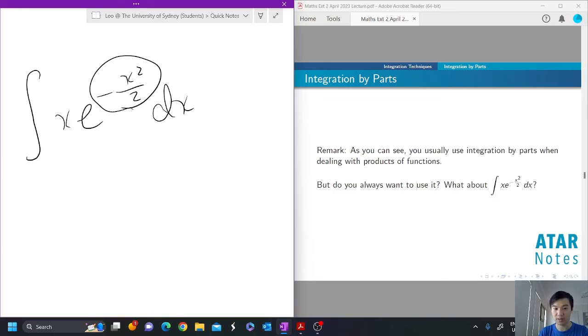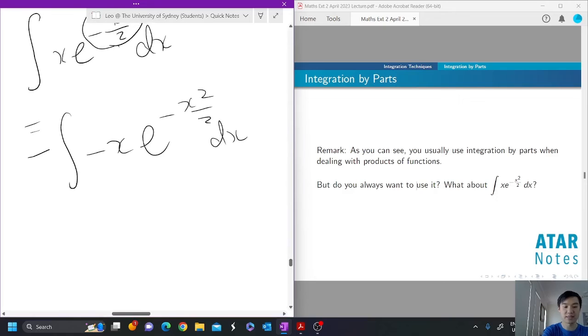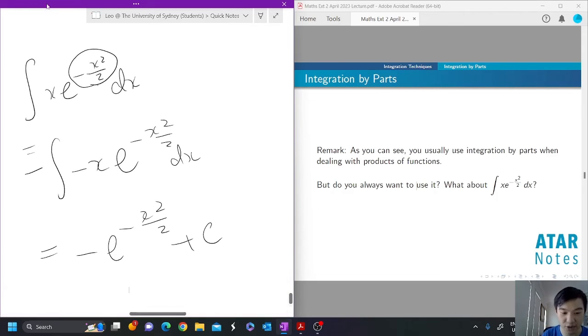So what you could have done is just put a negative sign here, and then you get negative x. And then you can just directly integrate this entire thing, so you get negative e to the power of negative x squared over 2 plus c. And that would have been your final answer for this integral. Much easier using the reverse chain rule. So just be careful, make sure you read the question carefully when you're doing these sorts of questions.